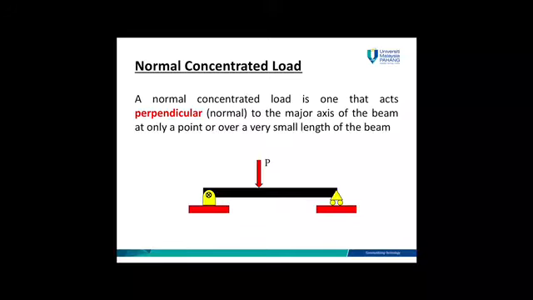For the loadings here, you already learned in chapter 1 how to analyze all these loadings. So just a refreshment from what we have learned in chapter 1. What is a normal concentrated load? A normal concentrated load is one that acts perpendicular to the major axis of the beam and only at a point. So this is your load and it's only at this point because it is a concentrated load.